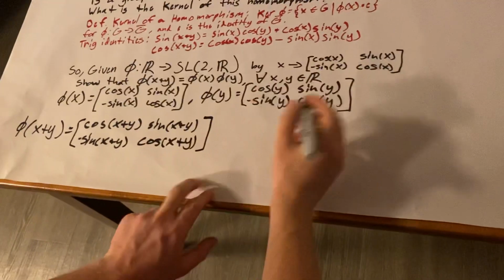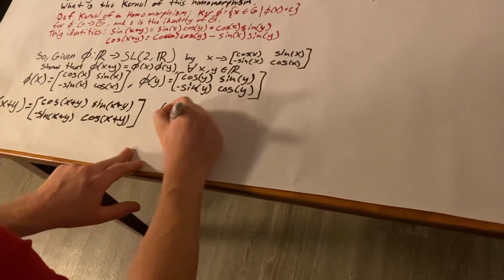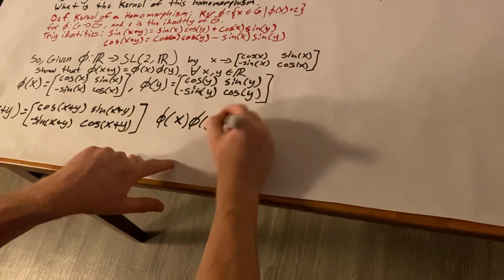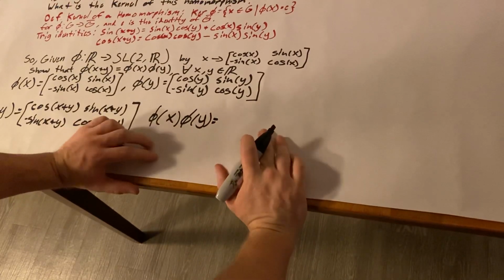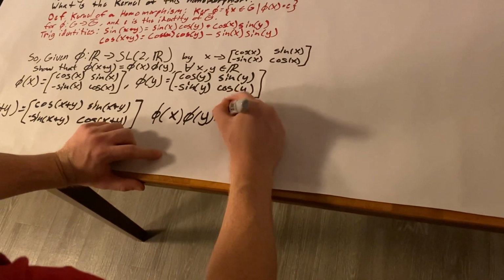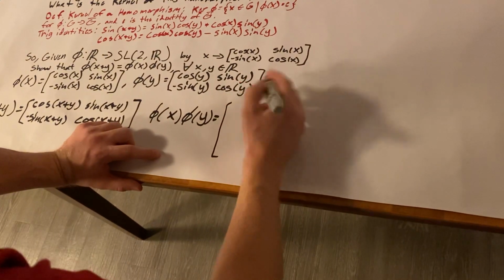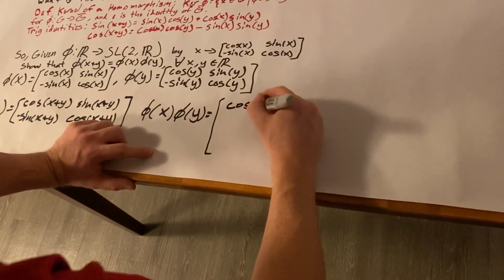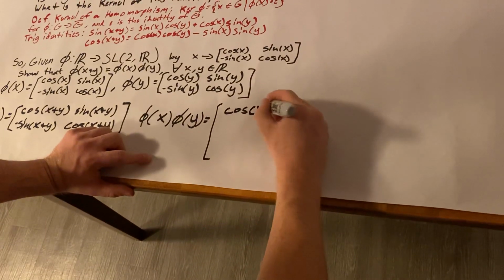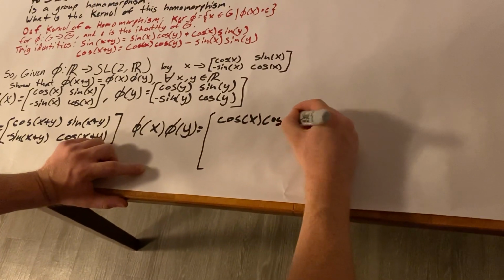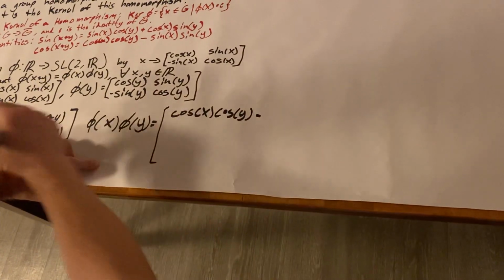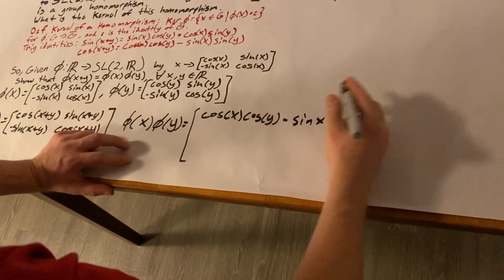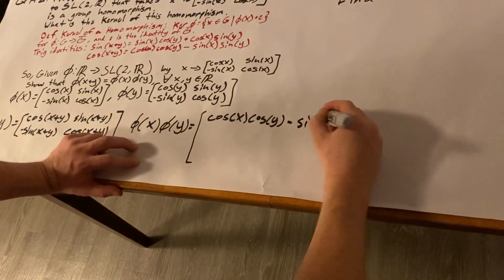Okay, and we can also show that phi of x times phi of y is equal to the multiplication of these two matrices here, which will give us a pretty large matrix down here. We get cosine of x cosine y minus sine x sine y. Oops, sorry, yeah, sine x.